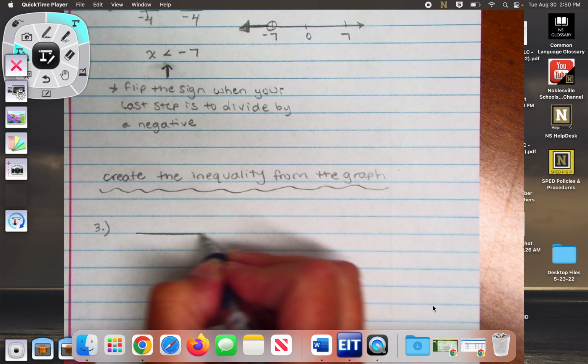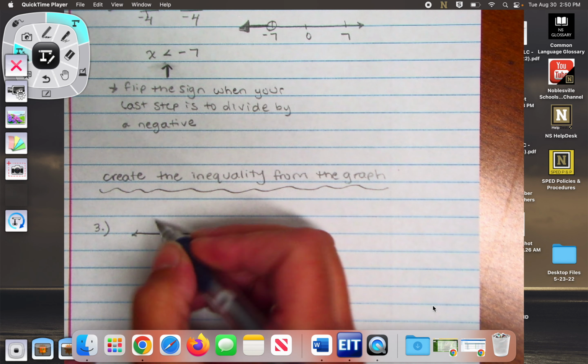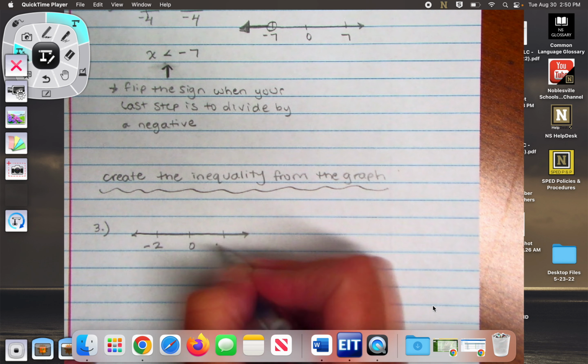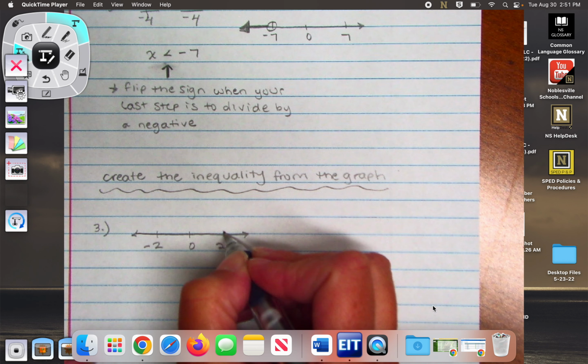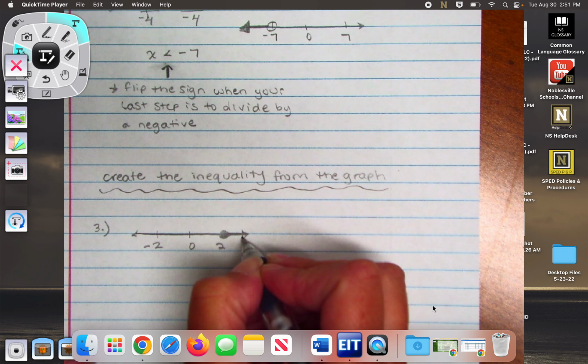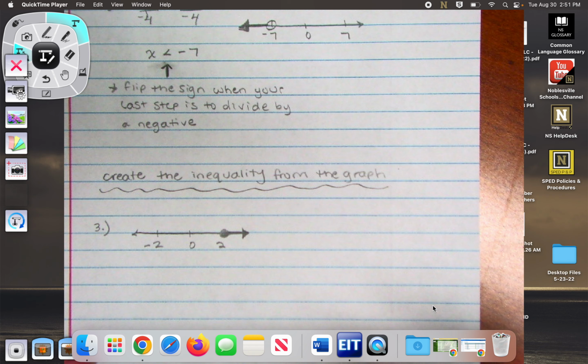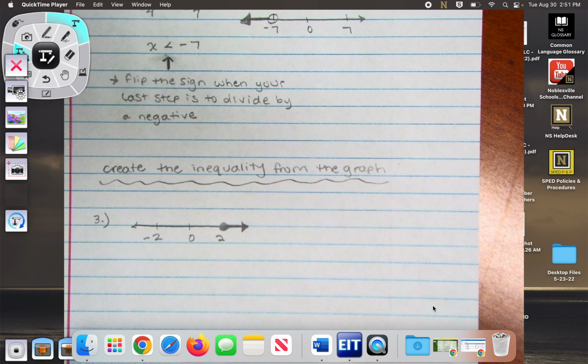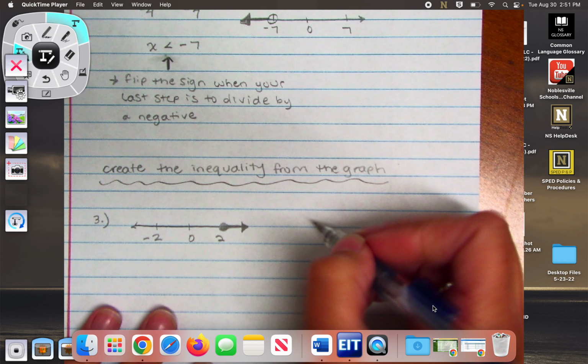So we're going to start with a graph. Pretend like we already did some sort of equation and this is what we graphed. So what was the inequality that we ended up with to give us this graph? I'll give you a hint. It starts with x.